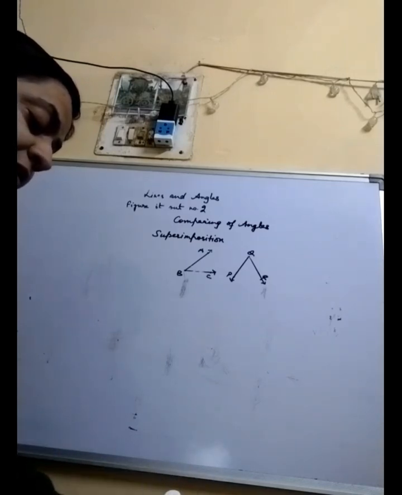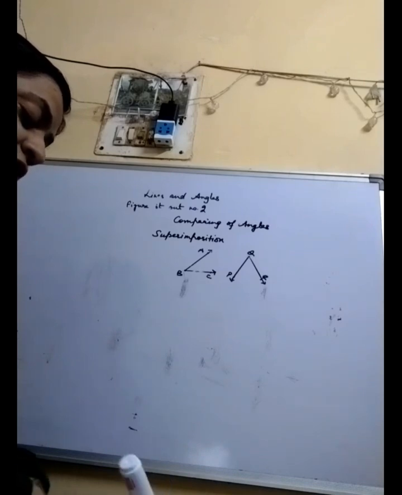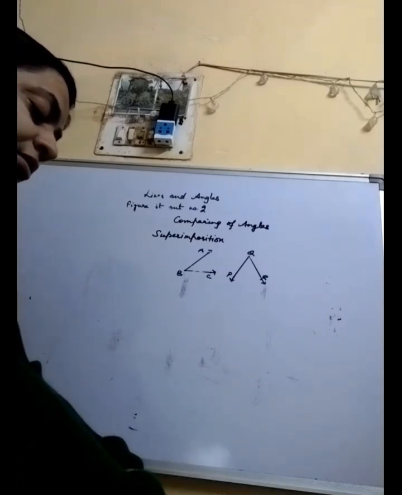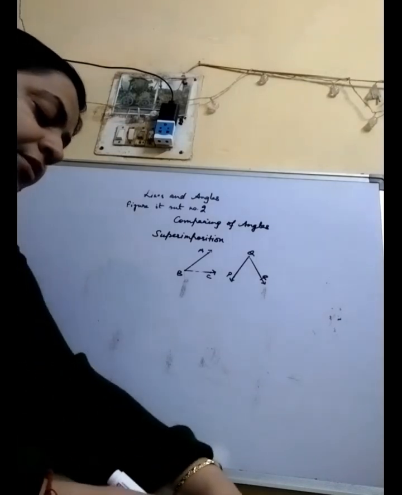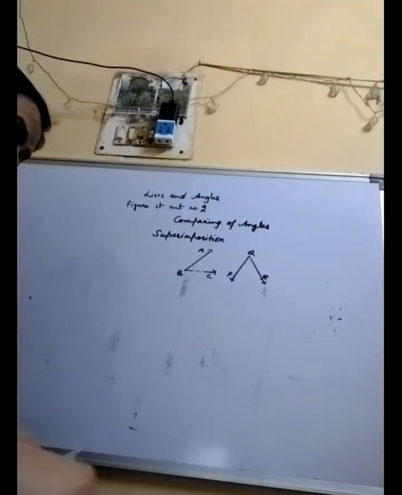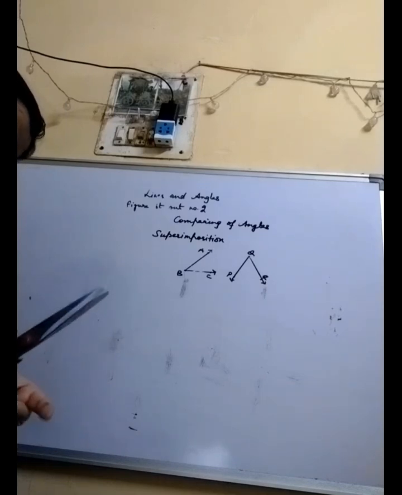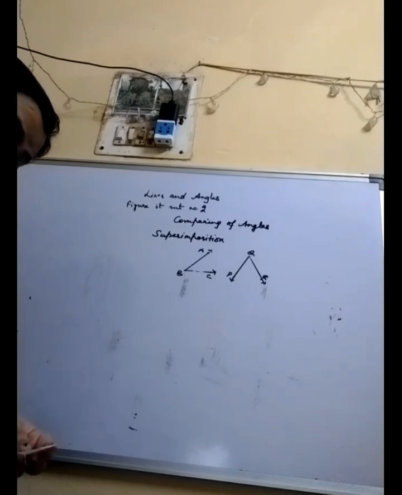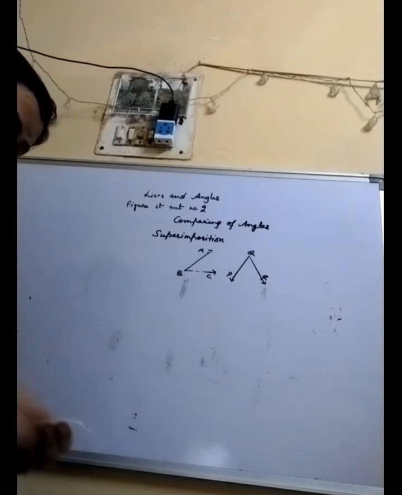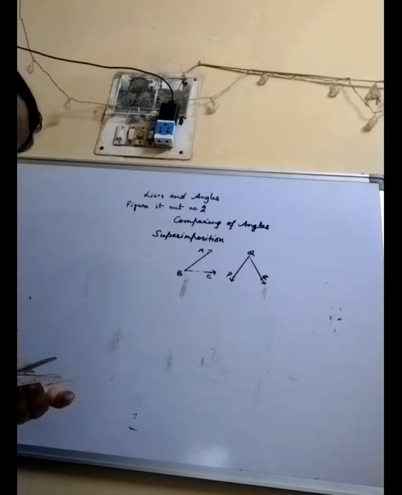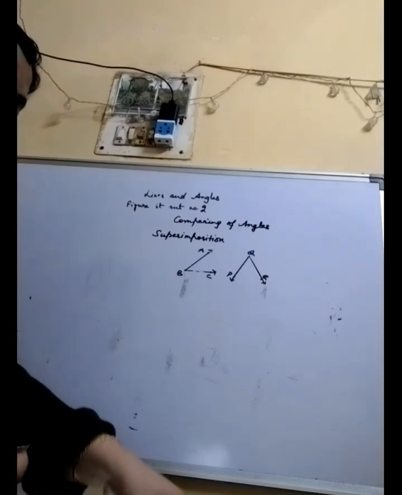Let me name it again: PQR and ABC. Now we have to cut it sharply so that we are able to compare the two angles exactly.